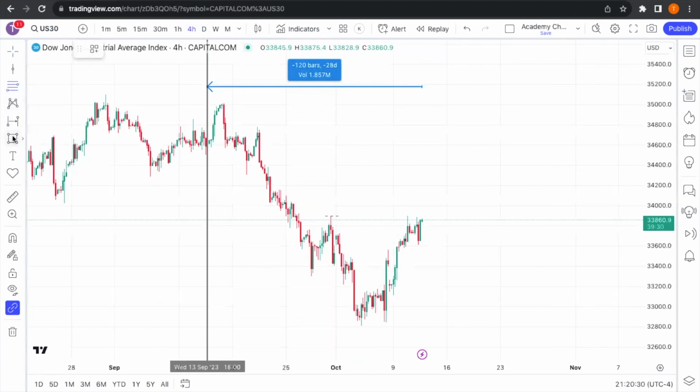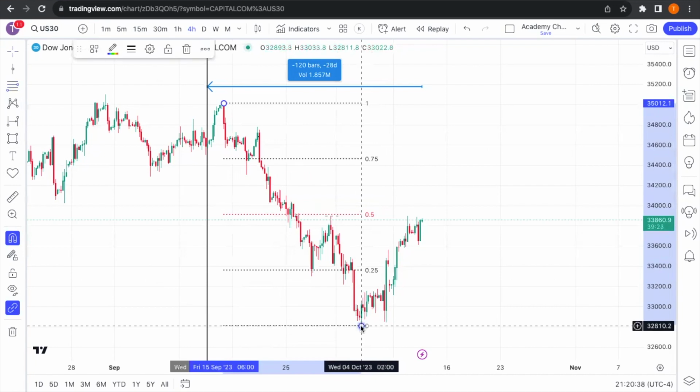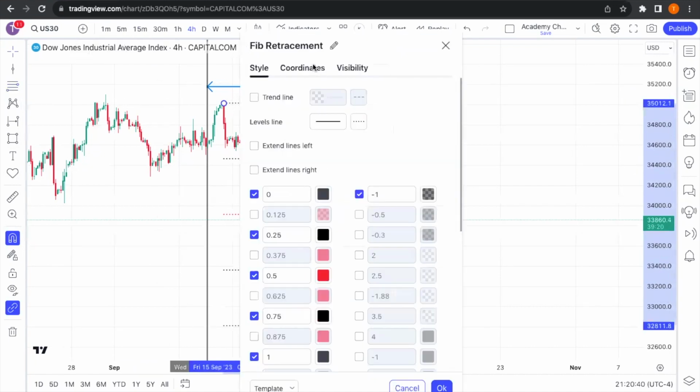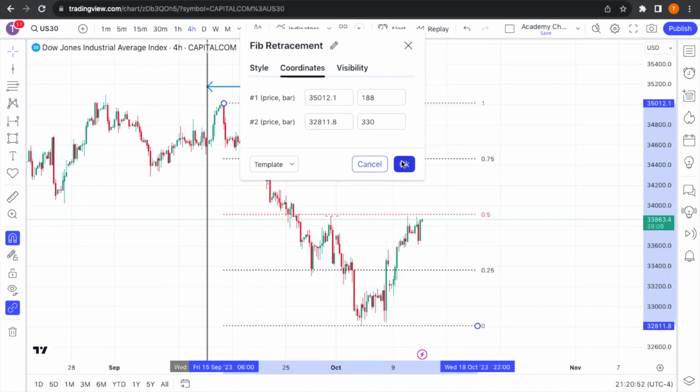Now, we measure, put my magnet on, from the high all the way to the low. And then we'll push it out. So, not always perfect, but this is how we begin to look for market maker models.